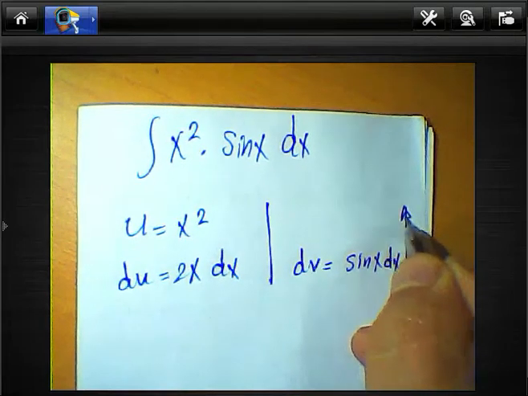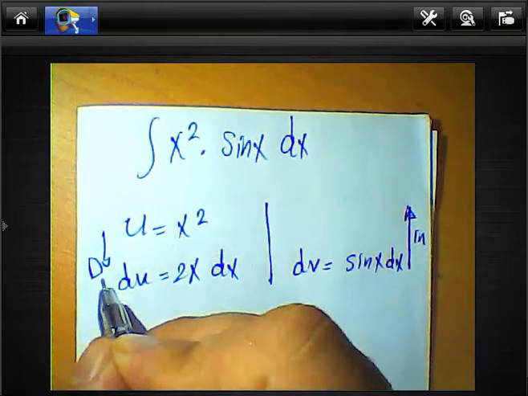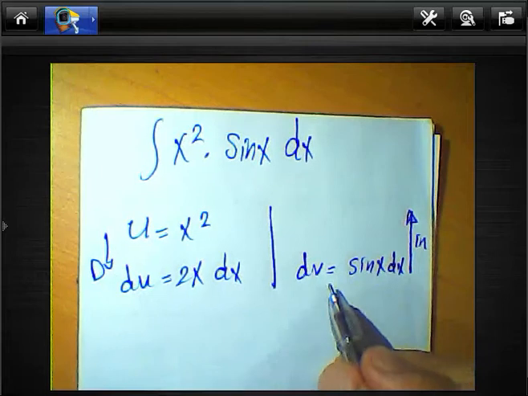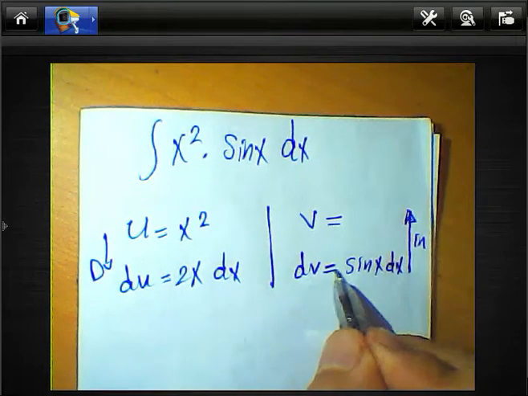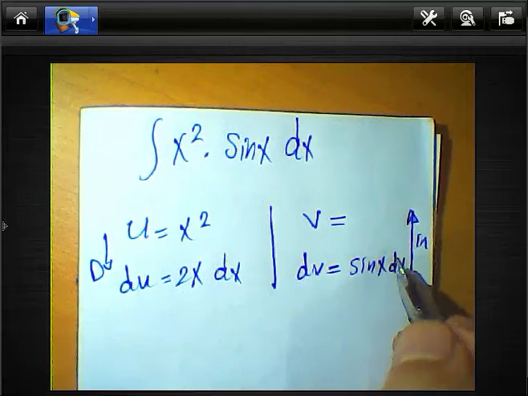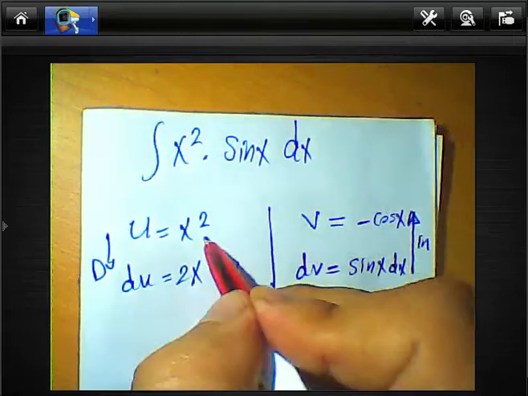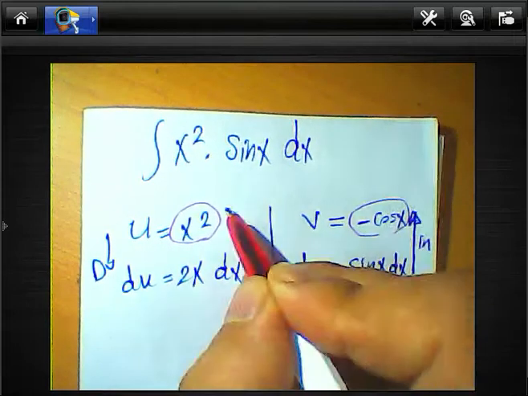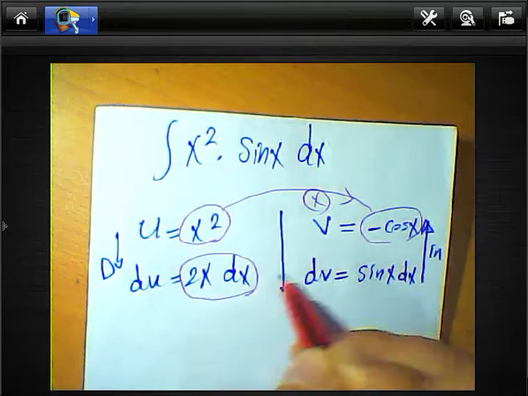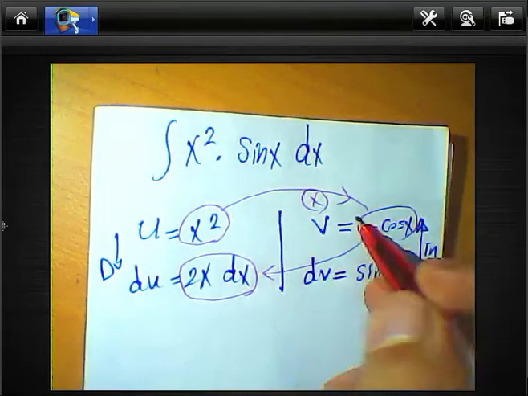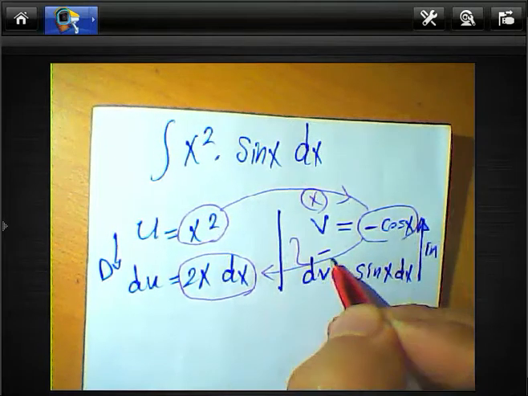And we can find the integration. We have the derivative here and the integration here. The integral of dv will be v, and the integral of sine x will be negative cosine x, and we must multiply by this term, and we can use this method to find the integral.